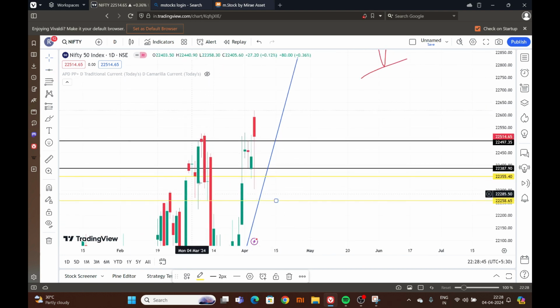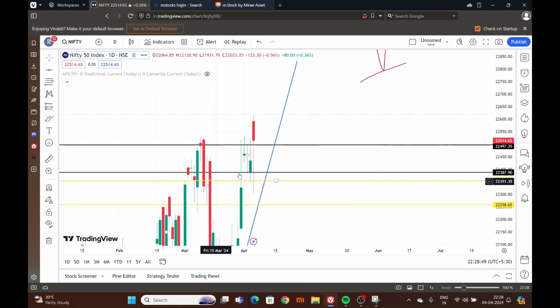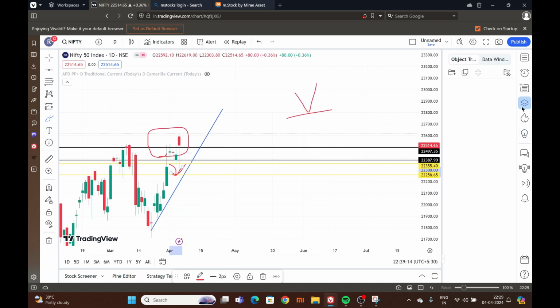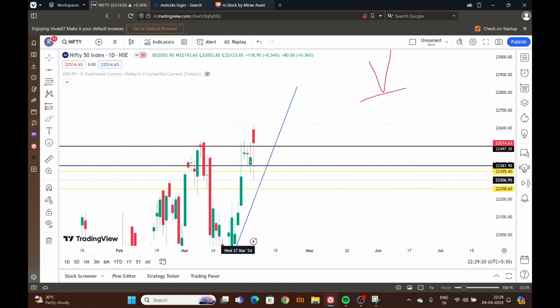This inside green candle is actually a resistance, and this gap up is the breakout. If price reacts here, it's a potential bullish inverted head and shoulders pattern. We recognize this pattern. Now this is the support level.